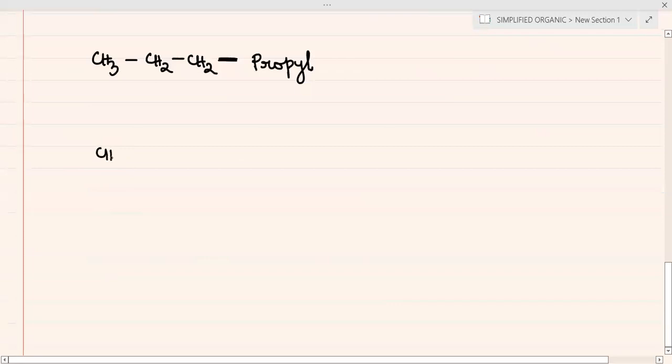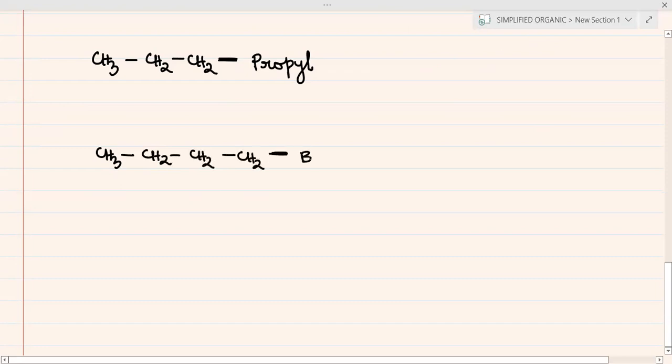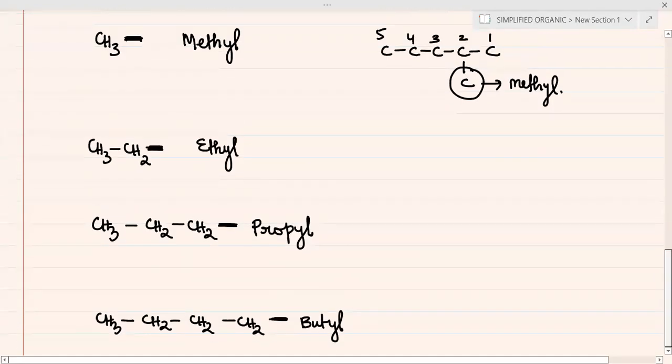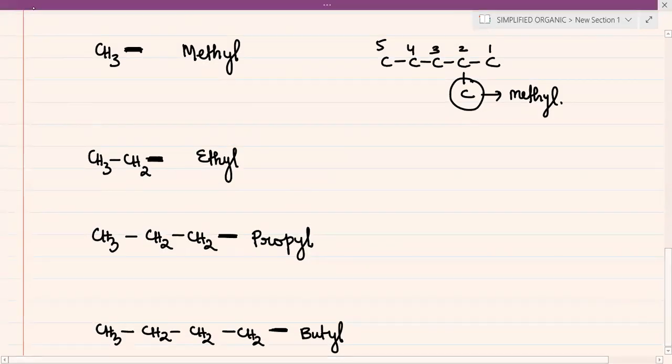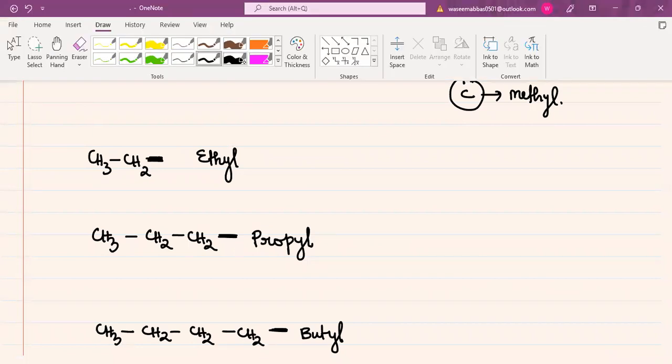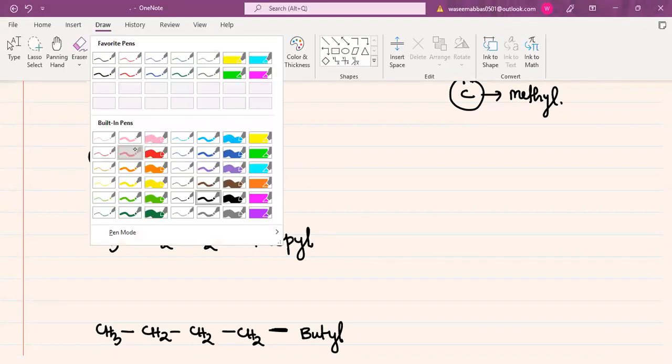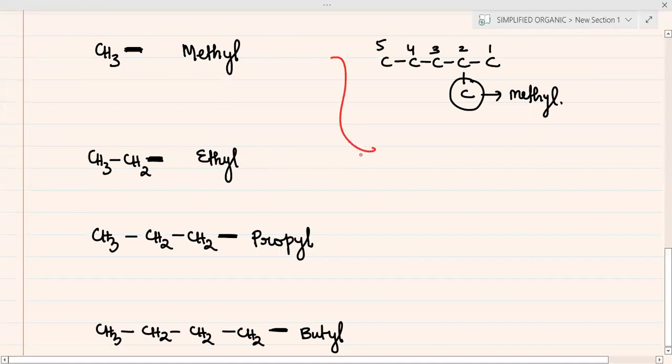And if I increase one more carbon, likewise it goes on. If there are four carbons, it is called butyl. And these groups are generally normal ones. These are the normal branches, normal alkyl groups.